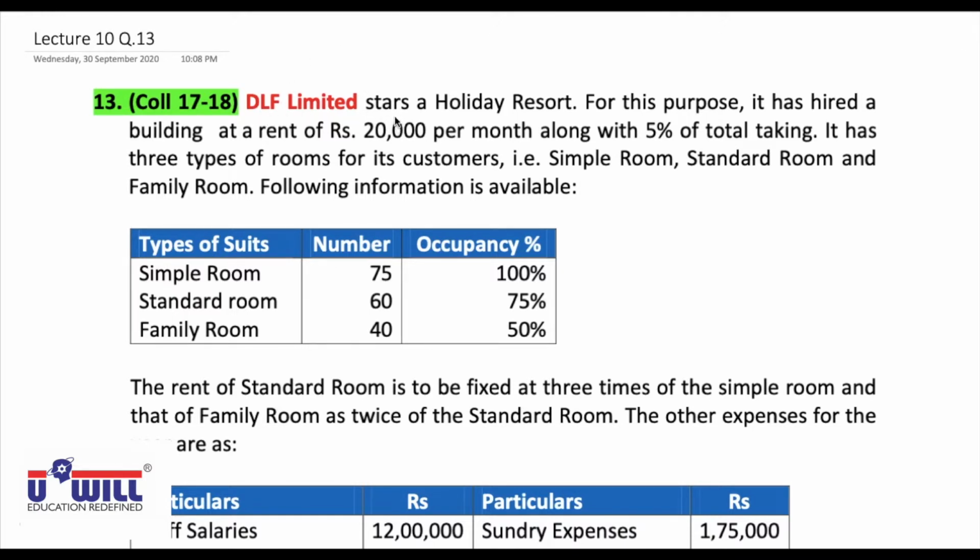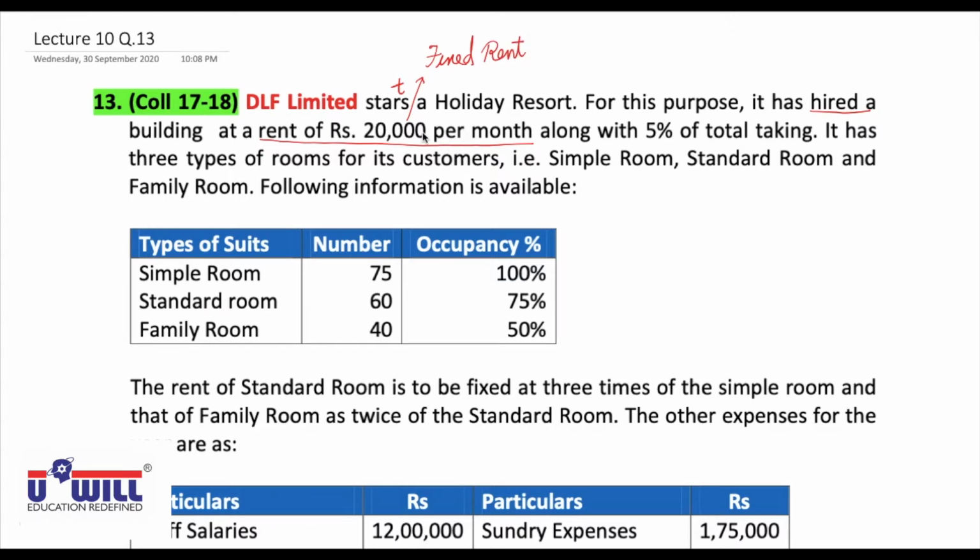DLF Limited starts, make it starts, a holiday resort. For this purpose, it has hired, underline hired, a building at a rent of rupees 20,000 per month. This 20,000 per month is fixed rent. We have done this earlier also.